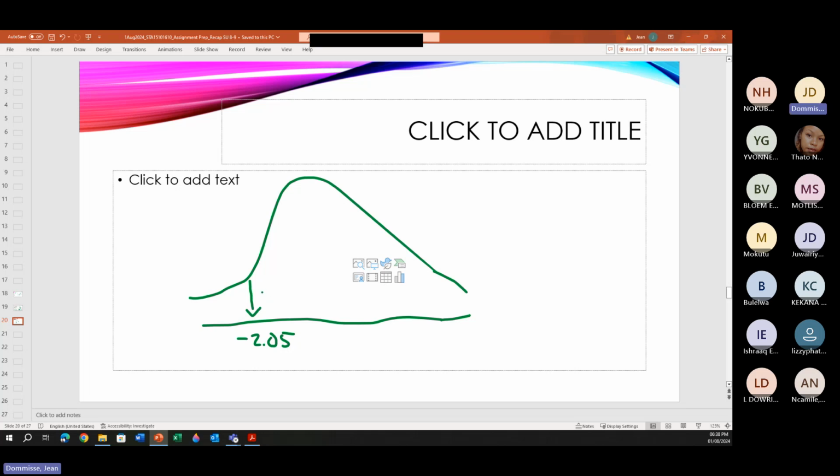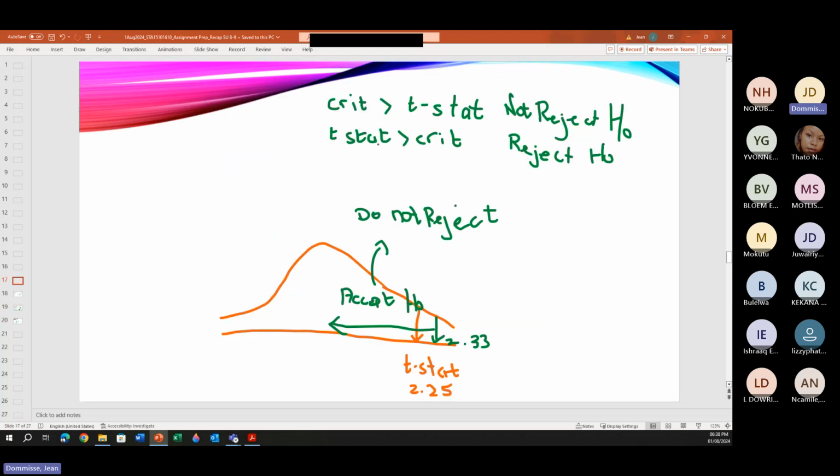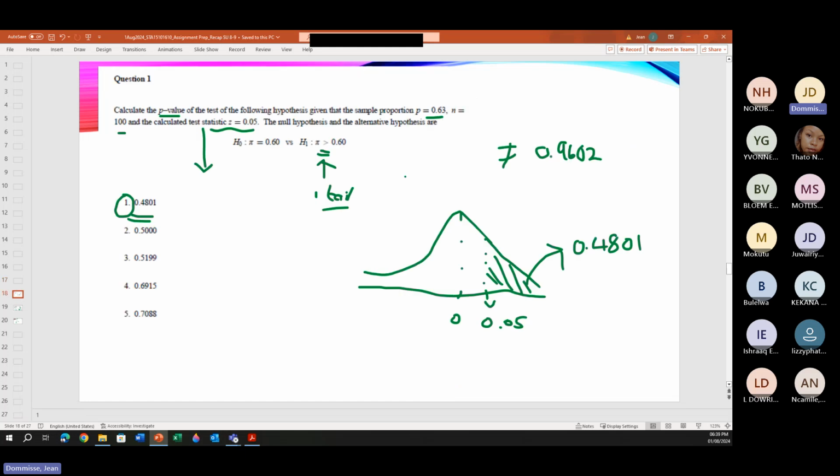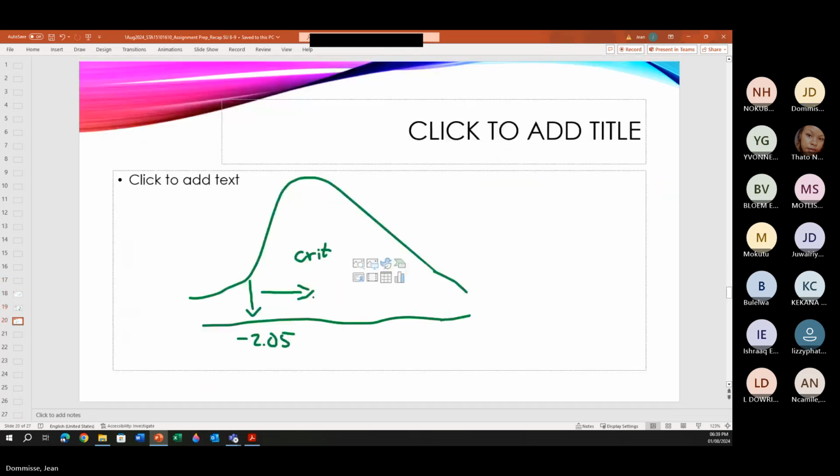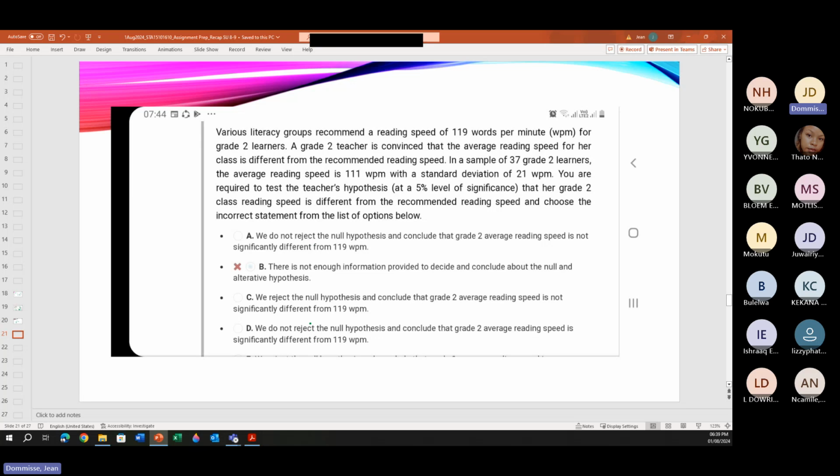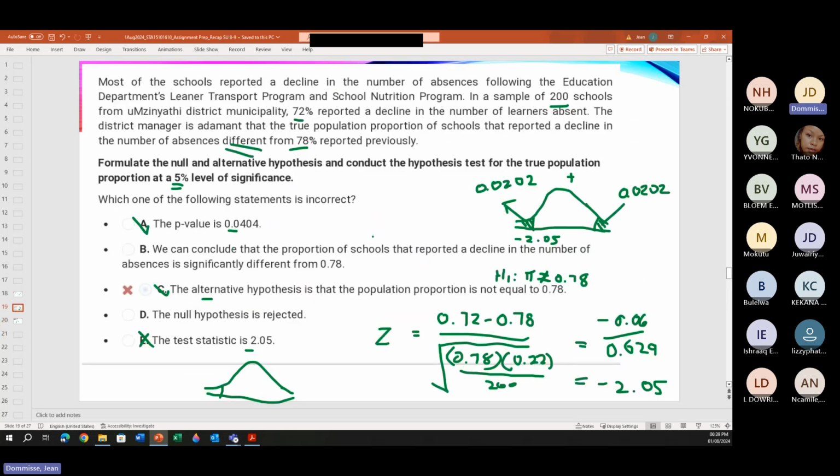So if our critical value lies within, if our test statistic is bigger than our critical value, so depending if it lies within or without, we will reject or accept the null hypothesis. So let's look, we're testing it against the 5% level.